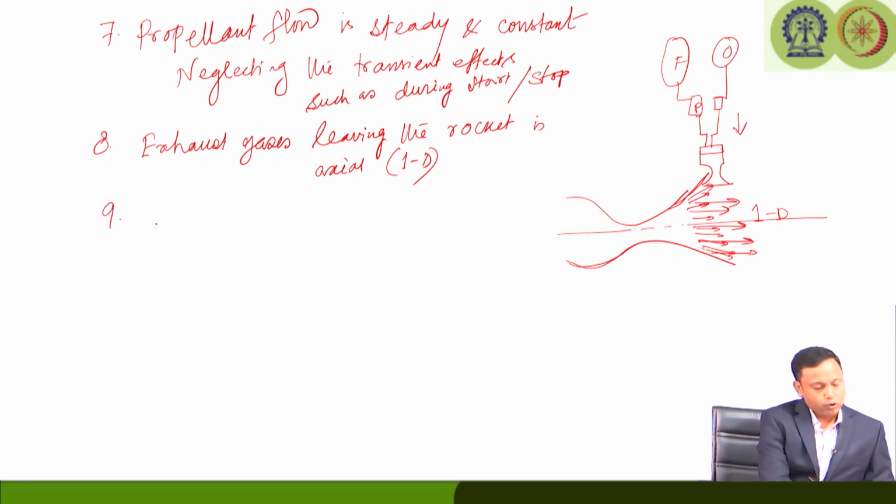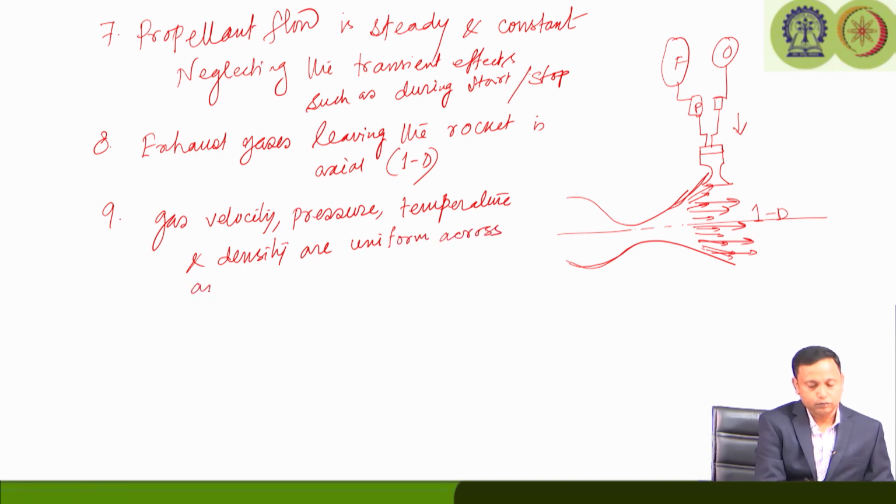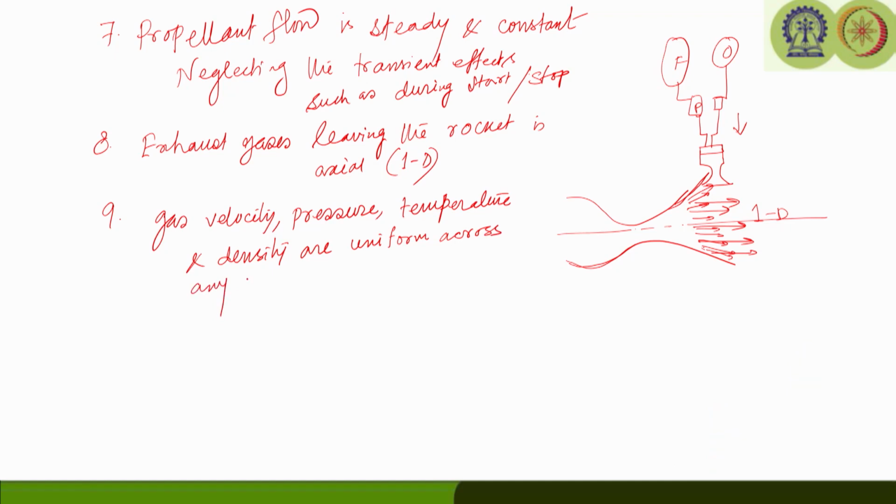Now, we also consider the gas velocity, pressure, temperature and density are uniform across any section normal to the axis.